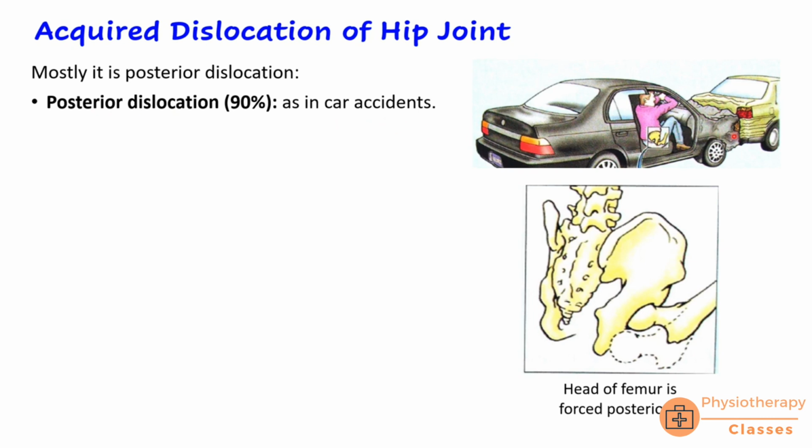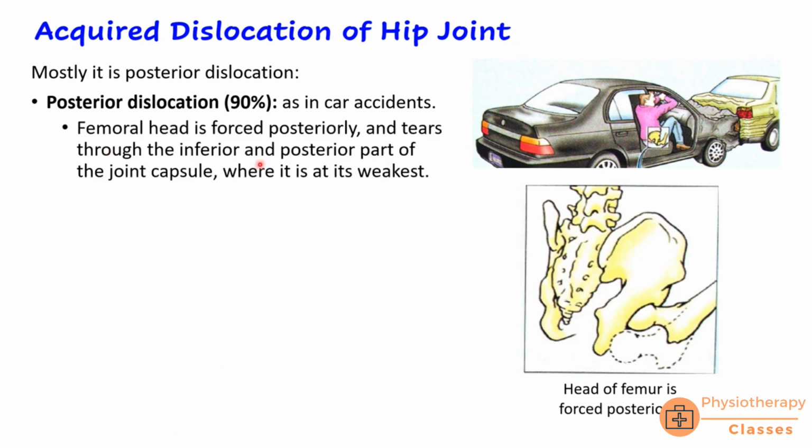Sudden brake is applied here, and you can see here the knee is going to hit the dashboard, and because of that, the femoral head will be forced or pushed posteriorly. It is going to tear through the inferior and posterior part of the joint capsule, where actually it is weakest also. And it may break the acetabulum on the posterior aspect or may not break, but you can see here this will be the position of the head of the femur.